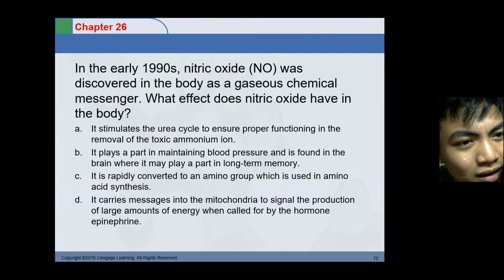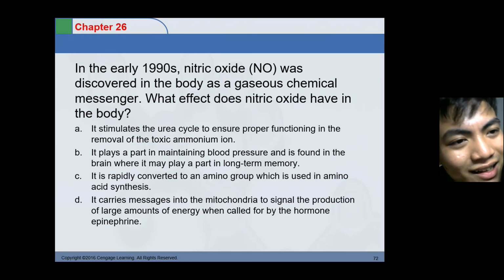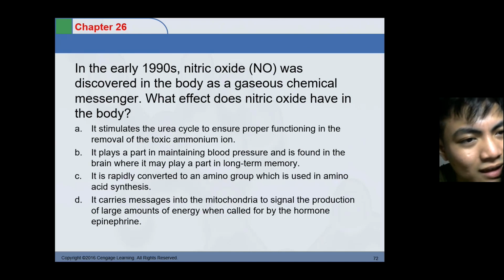Letter B, it plays a part in maintaining blood pressure. So, tabi mo muna kasi wala naman tayong idea about that. Letter C, it is rapidly converted into an amino group. Wala tayong nakitang ganyan sa reactions kanina. So letter A, X, letter C, X.